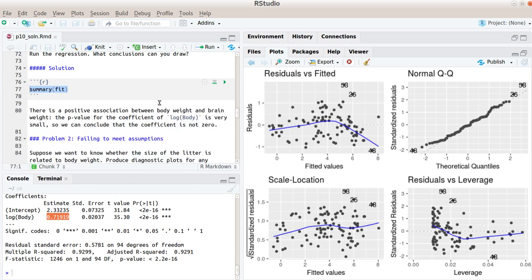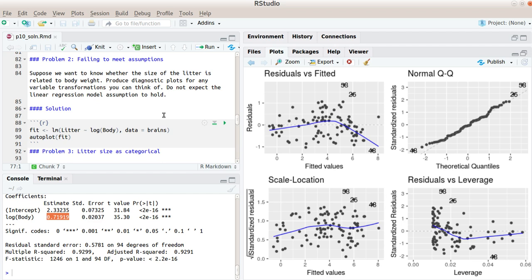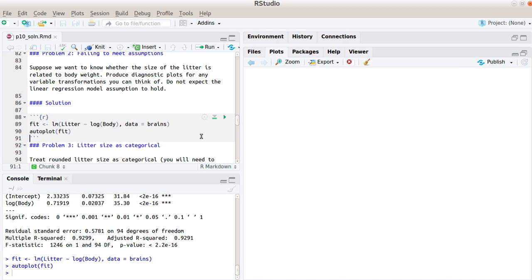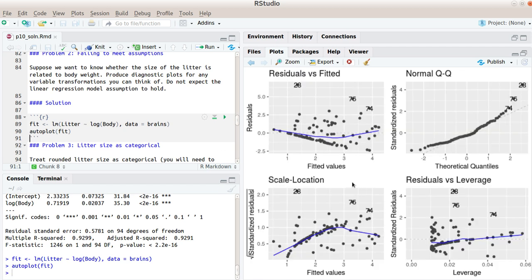Okay, so sometimes you would fail to meet the assumptions. Here you have an example of that. If you're trying to predict the litter size from log body, and you plot this, what you'll see is that here, this is really not straight. You have a point with really high leverage that's also an outlier.